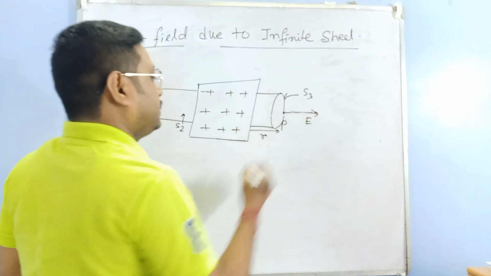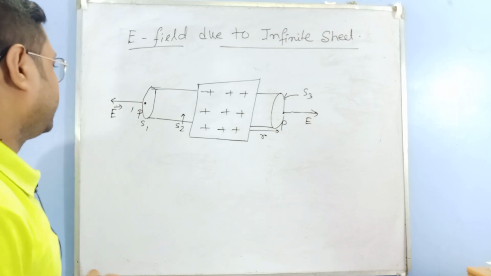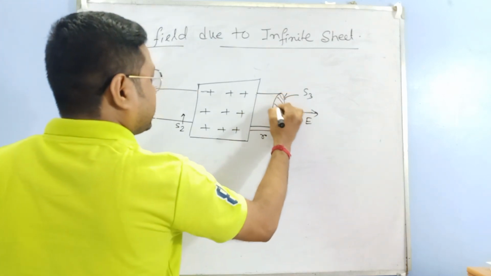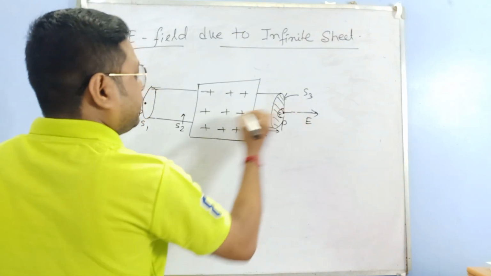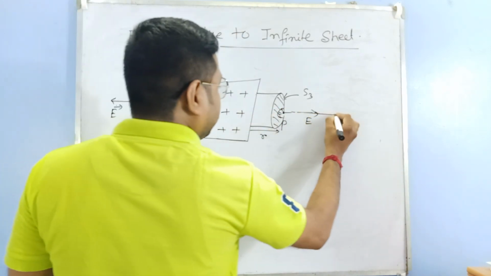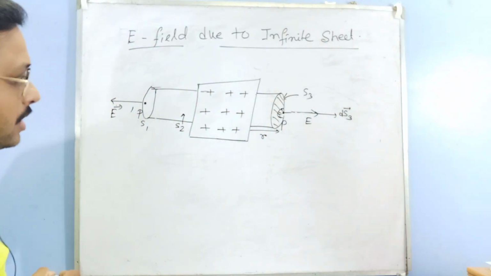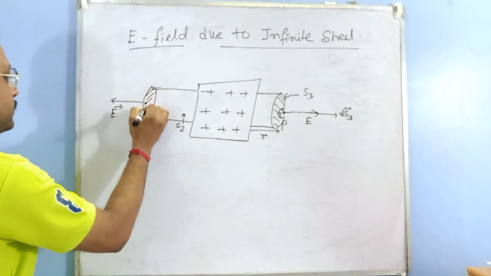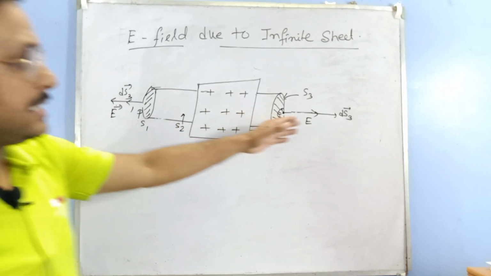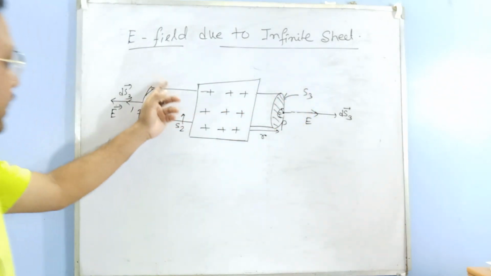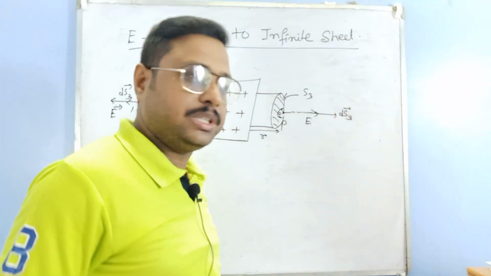So this is just the reverse of the previous case. Here if we consider a small element, that is ds3, then ds3 must be parallel to vector E. And here also ds3 is along E, because E is perpendicular to surface S3 and E is perpendicular to surface S1, so E and ds3 must be parallel to each other.